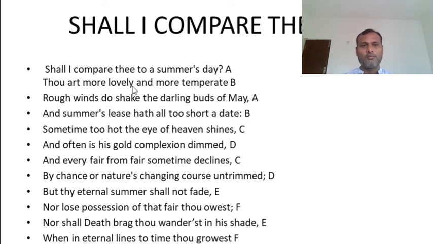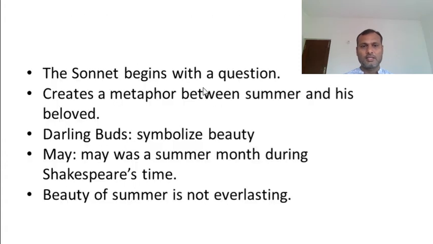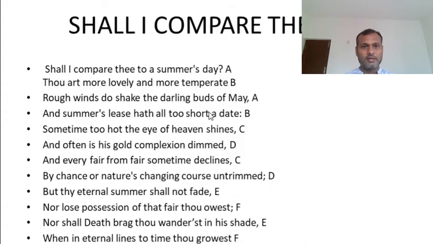"Thou art more lovely and more temperate." So here he says his friend is more lovely and more temperate. Temperate actually means moderate, so here we can take it as very balanced. So in the second line of the sonnet, Shakespeare creates a metaphor between summer and his beloved. He makes a comparison. "Thou art" is old English for "you are." You are more lovely.